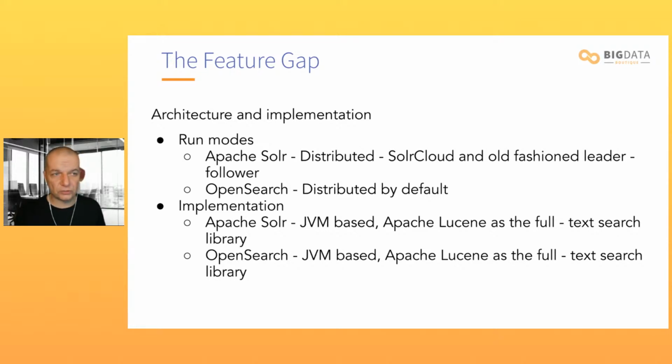They are both JVM based. So, Java for the win here. And both use Apache Lucene as their full text search engine library of choice. So they build up on that. When we hear shards, when we hear segments and so on, this is all because of how they are leveraging Lucene under the hood.